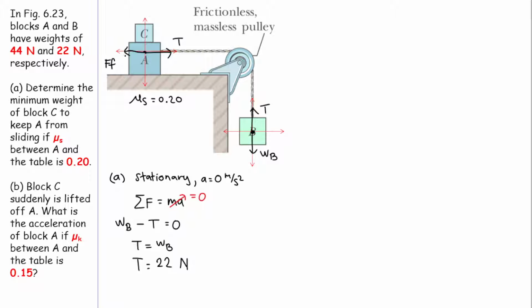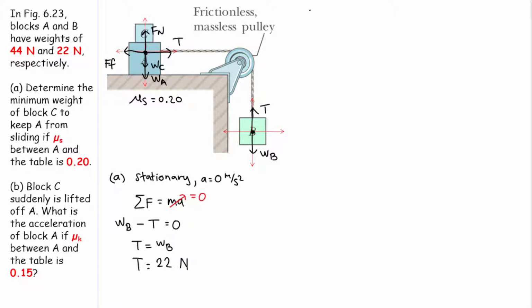And then what else do we have? We have the weight of A pushing this down, so I will have WA. But here we also have the weight of C pushing this down, so we'll have another weight, WC. But then here, the force of the table pushing the mass up, so we will have Fn here.